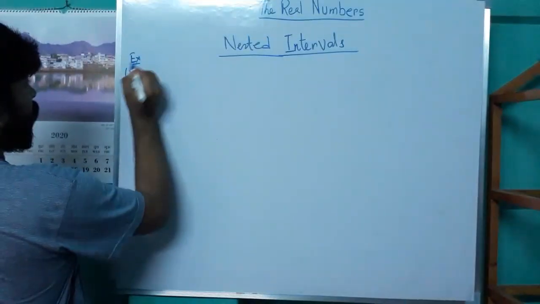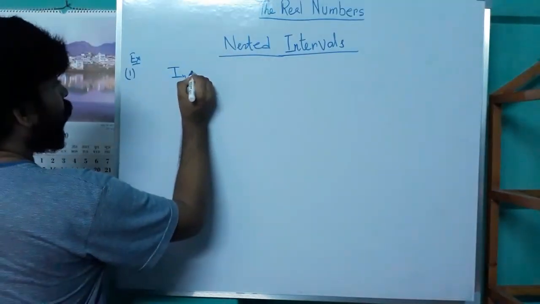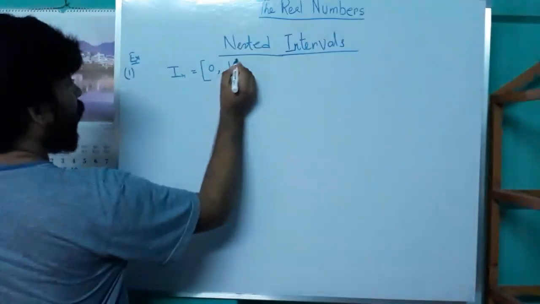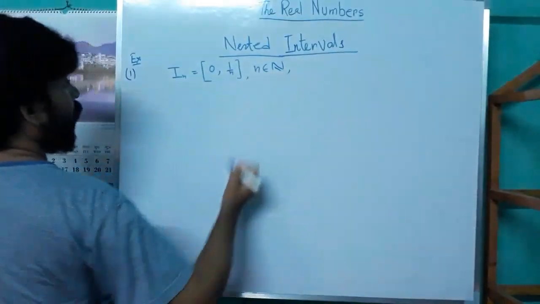The first example: let us take I_n equal to the closed interval 0 to 1 by n, where n belongs to the natural numbers.